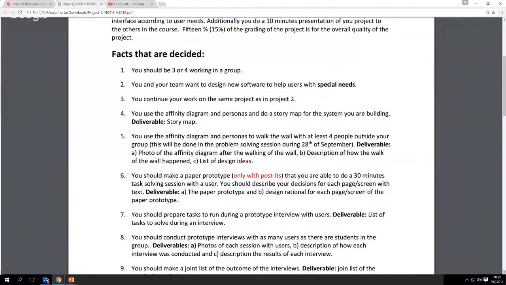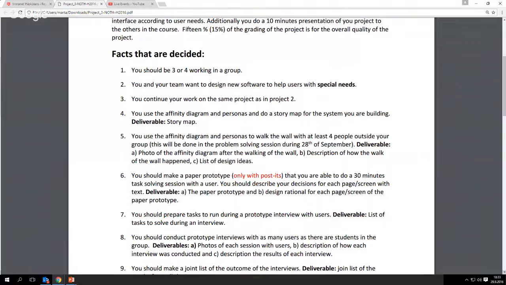It's very similar to contextual interviews. You first give the introduction, and then, but now you have a paper prototype and you ask the users, okay, if you would have this task, what would you do in the paper prototype? So to be able to do that, you of course have to have lists of tasks. So first of all, you should decide what tasks you would like to cover in the interview. And then you have to make a paper prototype matching the tasks so you will be able to run it.